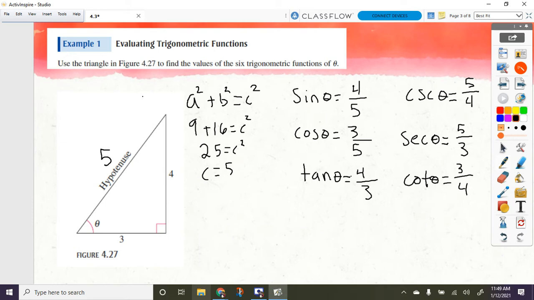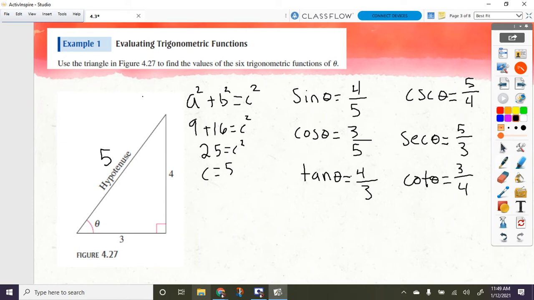So like if sine was the square root of 3 and I flipped it to be 1 over the square root of 3, I would need to rationalize that to be the square root of 3 over 3. Because there are some like that in your homework. And we're all big kids now, so I do expect you to rationalize any of your answers. Y'all okay with that? Questions over our 6 trig functions.